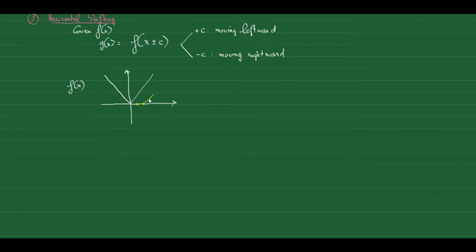Moving to the right 2 units is done by subtracting 2 from x, I'm sorry, inside the argument, and you can move to the left 2 units by adding.